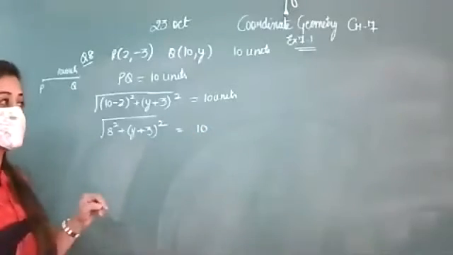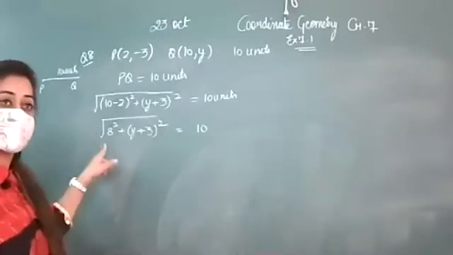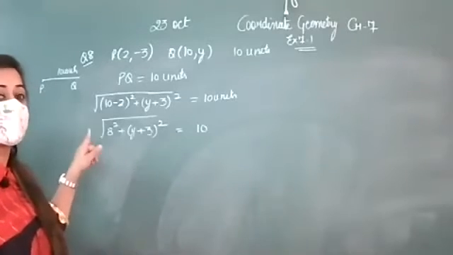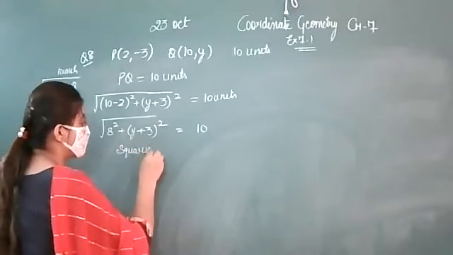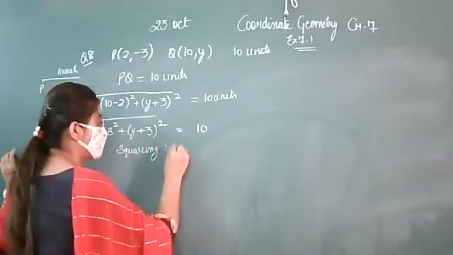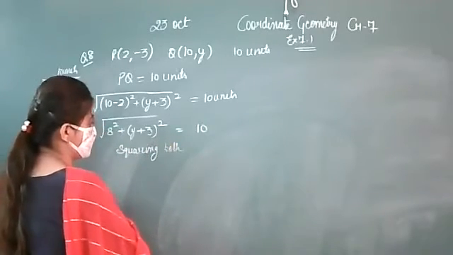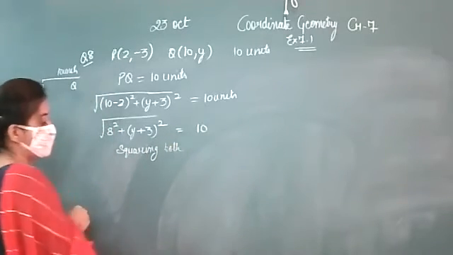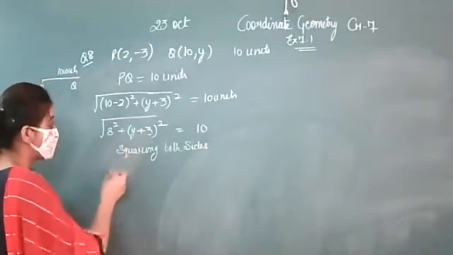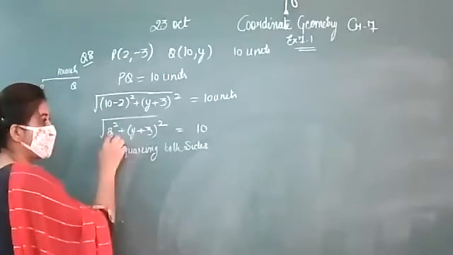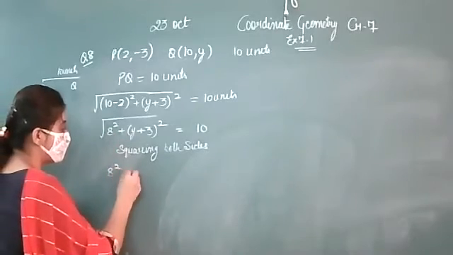Now, I have just told you in the previous question that whenever a square root is there, you will remove the square root by squaring both sides. When you square this side, the square root will be removed.